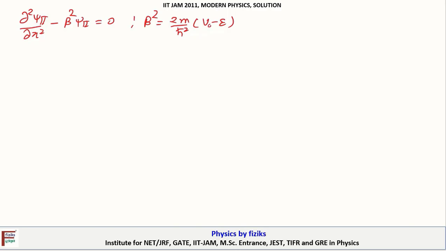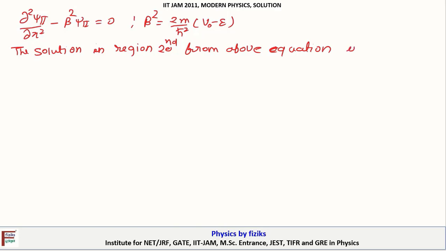So we can write V naught here. So the solution in region second from the above equation is given by psi second equals C e to the power minus beta x plus D e to the power beta x.